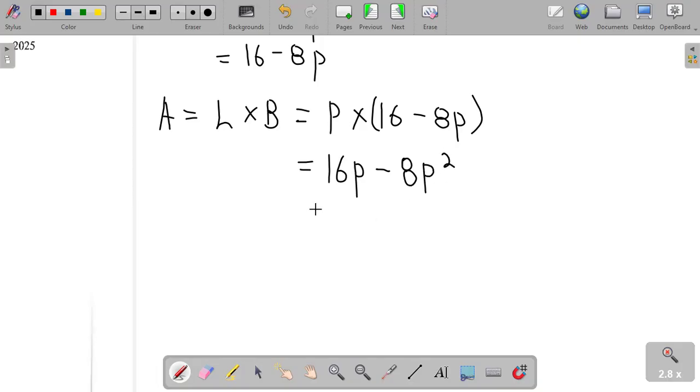Minus 8p squared. So this thing, if you multiply here, is the same as negative 8p squared plus 16p.